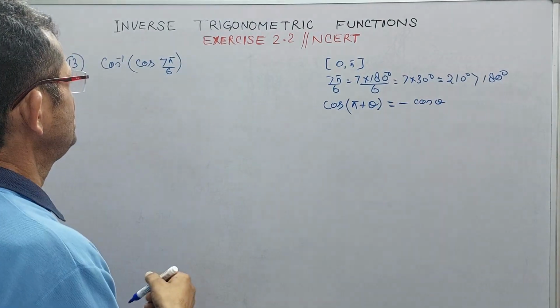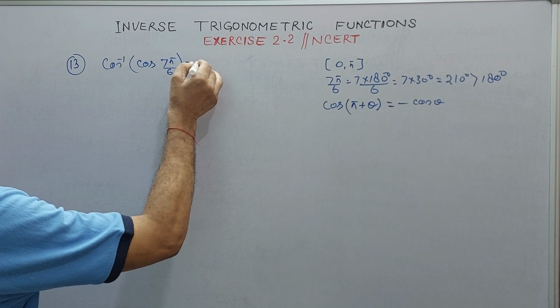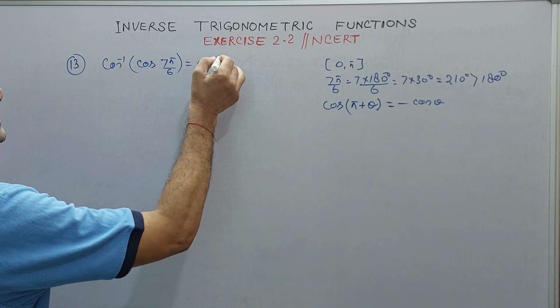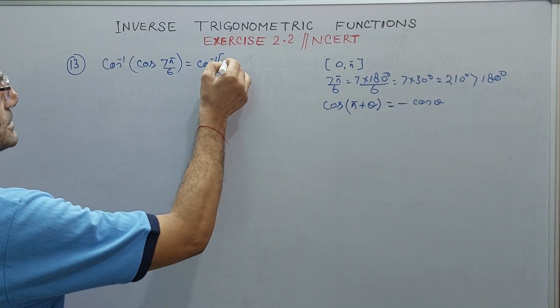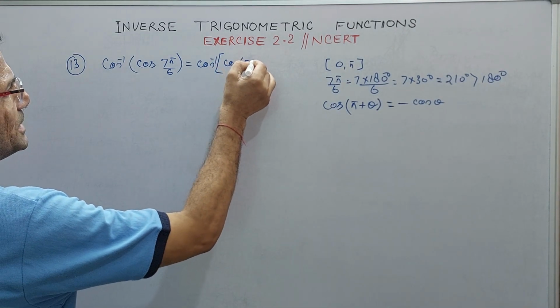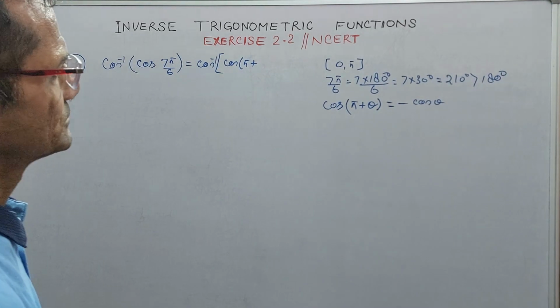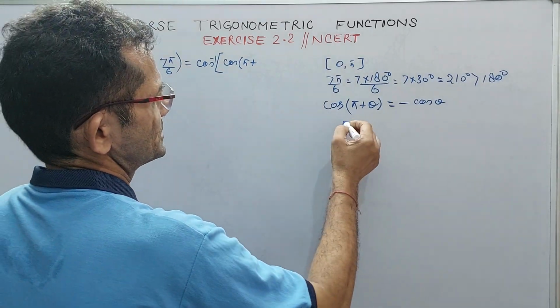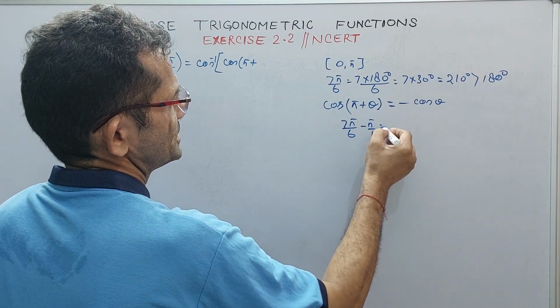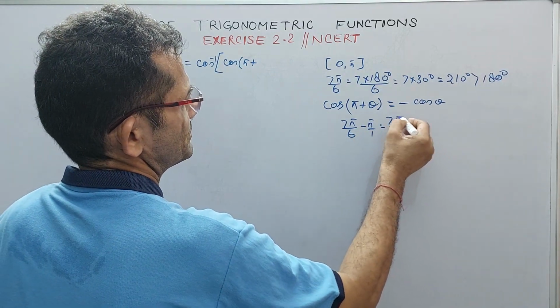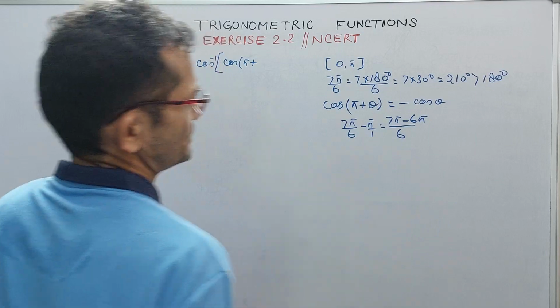So here, change this one: cos inverse, in this bracket, cos of pi plus, how much is this value, 7 pi upon 6 minus pi, that is 7 pi minus 6 pi divided by 6, which is pi by 6.